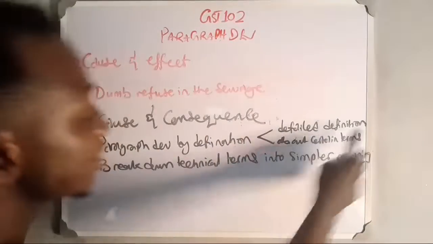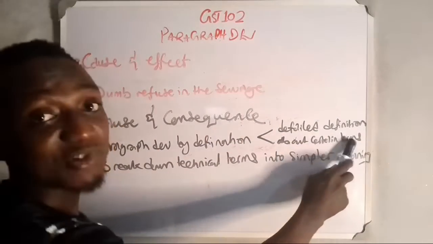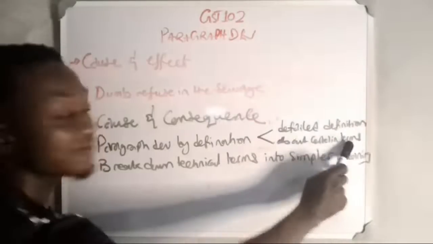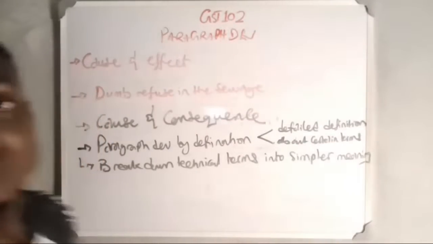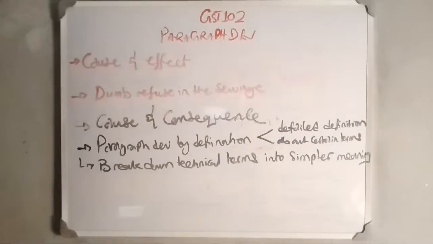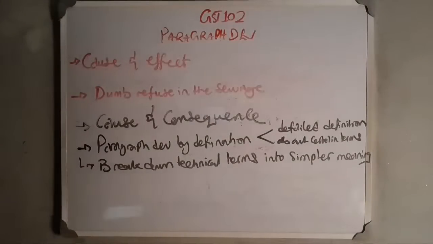When you give detailed definition about certain terms, okay? So now comparison and contrast are common devices in writing, mainly because we tend to think that way.